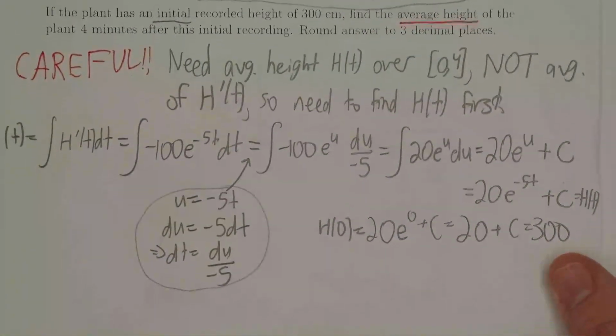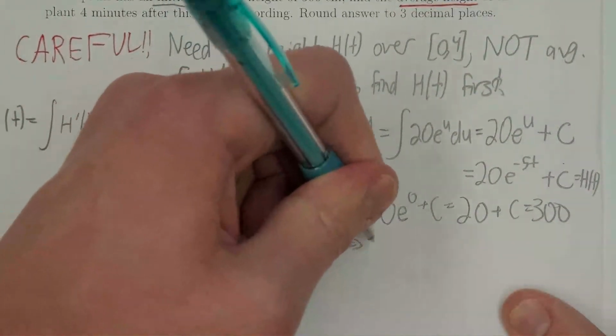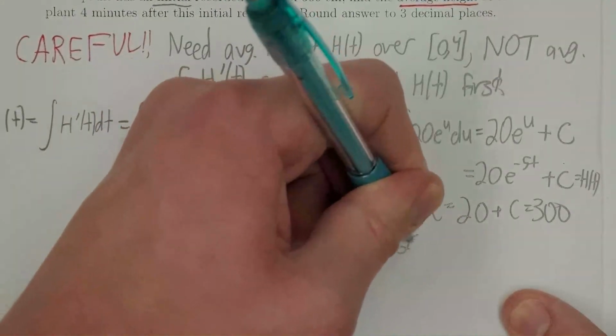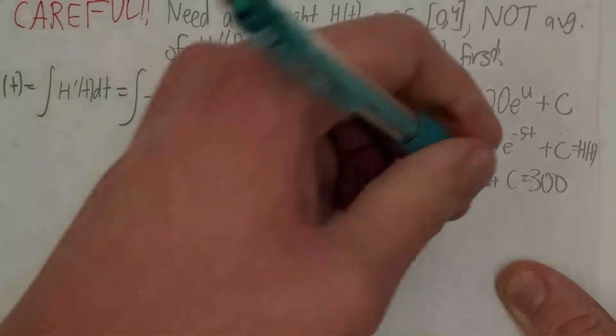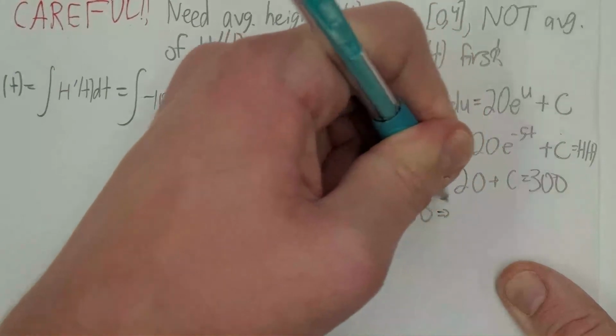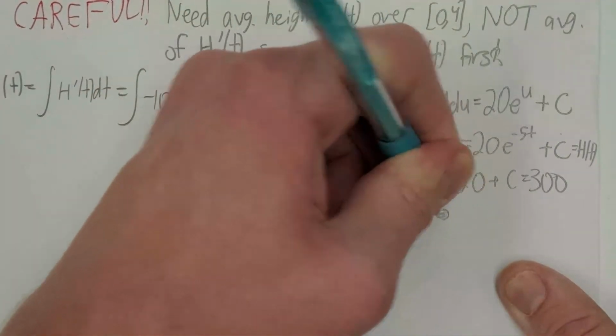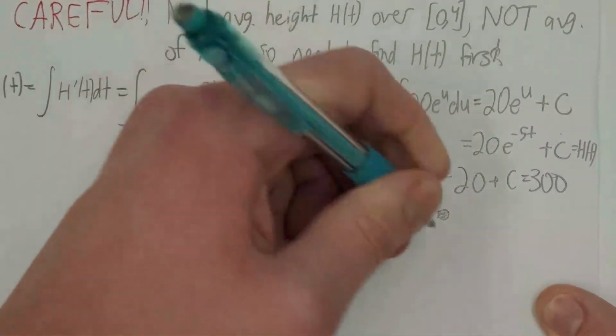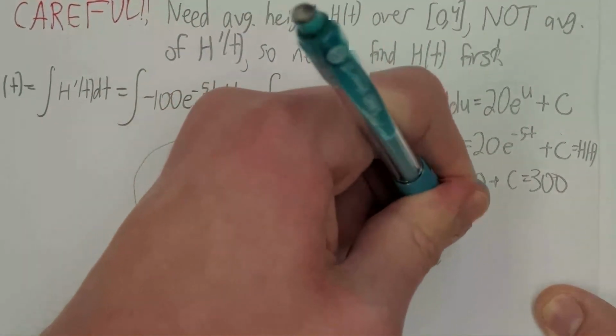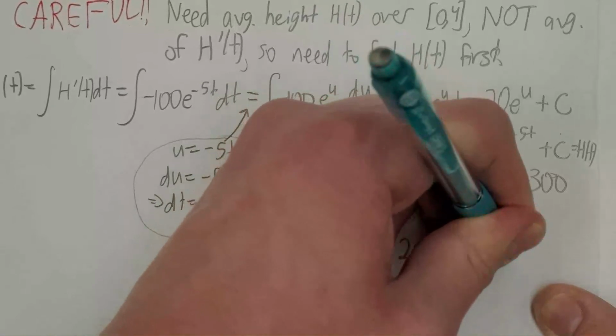Okay? So that would imply that c should be 280. So that therefore implies that h of t is equal to 20 e to the negative 5t plus 280.